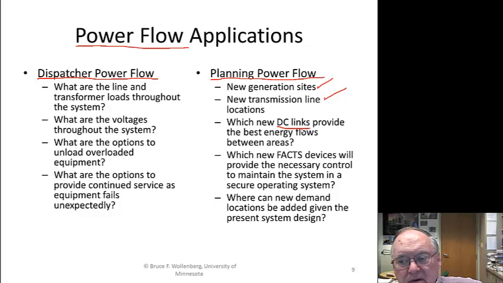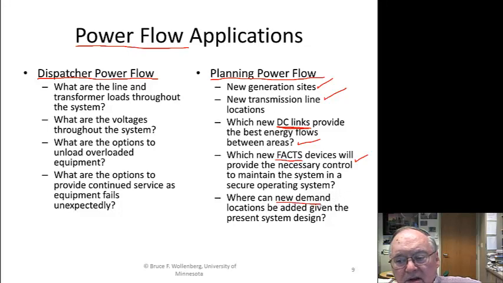DC links: we actually have what's called high voltage DC, where we convert the AC to high voltage DC, which would provide the best flows. Where should I look at a DC link? FACTS devices, flexible AC transmission system devices, are really power electronic devices to control the flows on the power system.